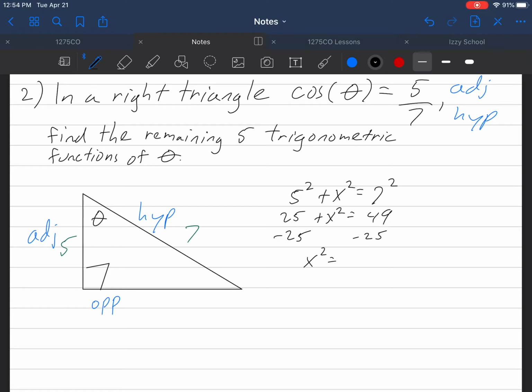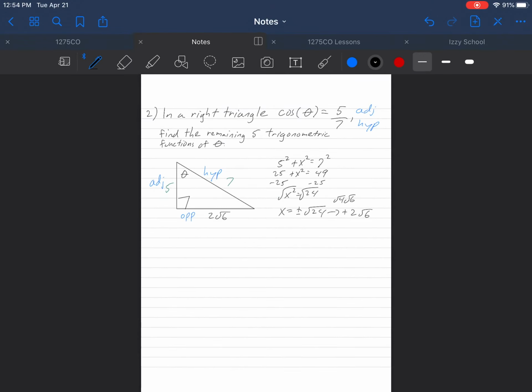X squared is going to equal 24. Take the square root of both sides, and x is equal to plus or minus radical 24, which again, we will only consider the positive 2 radical 6, which is radical 24 fully simplified using the factors of radical 4 and radical 6.